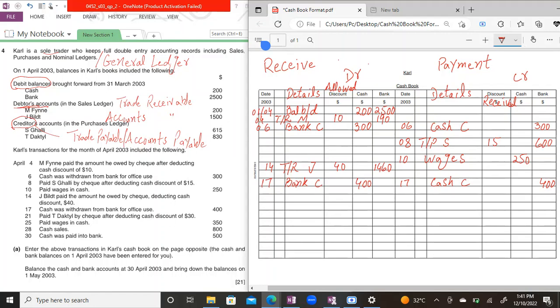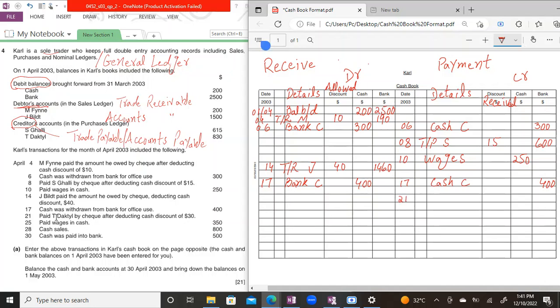Okay, now check the next one, 21. Paid to T by check after deducting cash discount of 30.